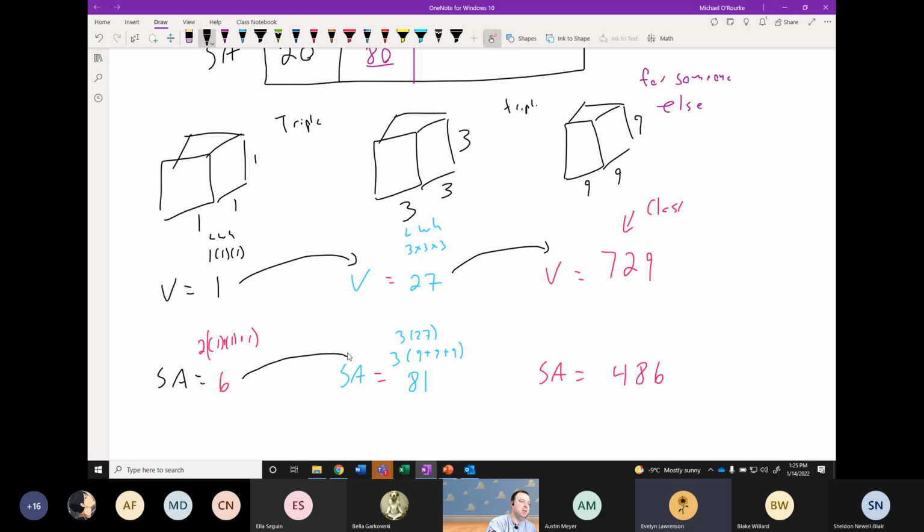What do you multiply for each of these? Oh, I messed this one up. Good. Volume, you times by 27 each time.